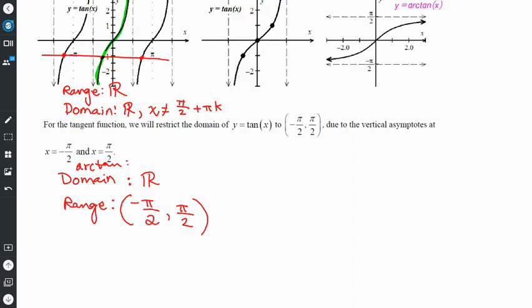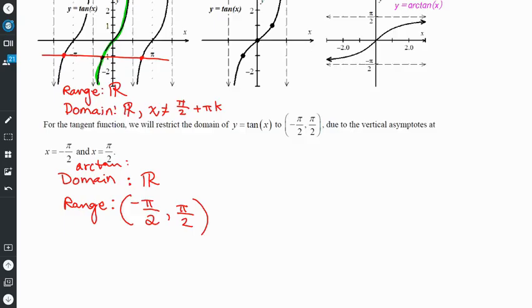Yes, this is for the inverse of tangent. Right, so if this is the inverse graph for tangent, the domain is all real numbers, and it's restricted from negative pi over 2 all the way to pi over 2.